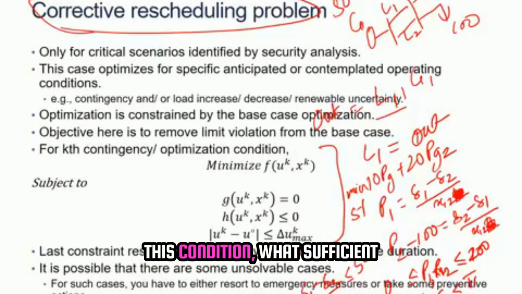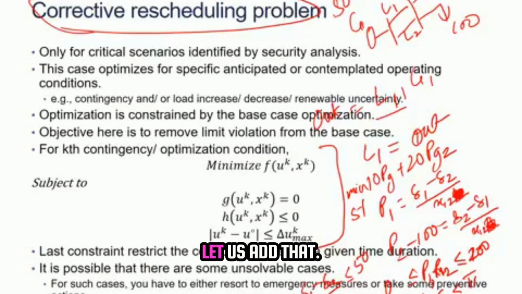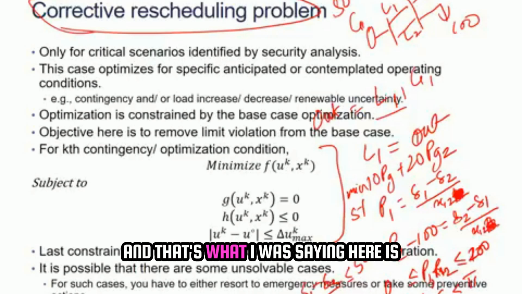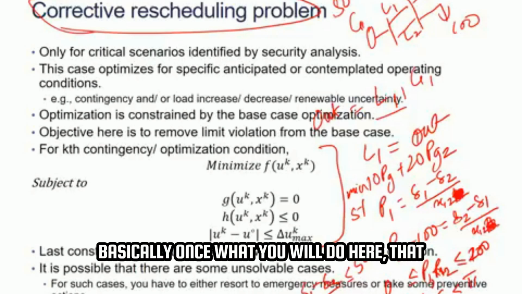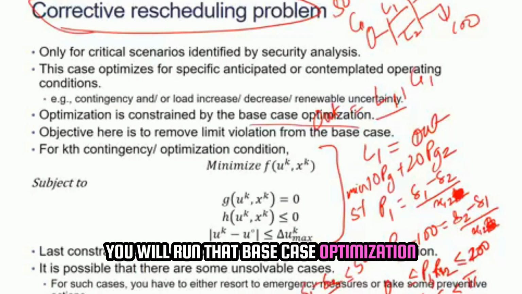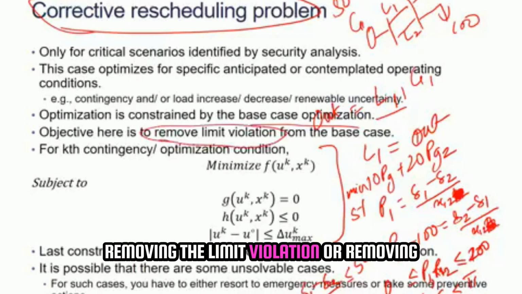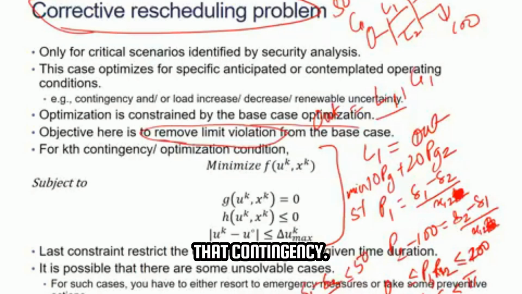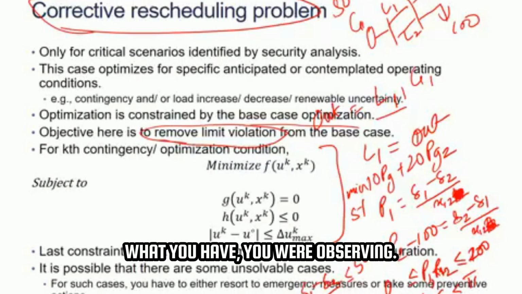Right? This condition of sufficient ramping, I have not included here. Let us add that. What you will do here is run the base case optimization, but removing the contingency that you were observing.